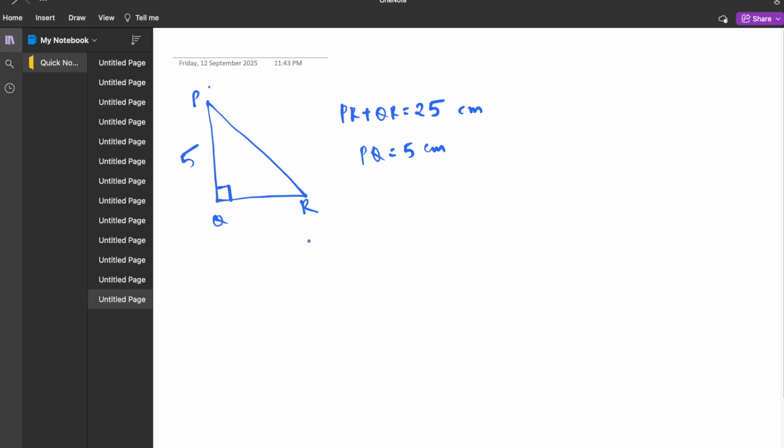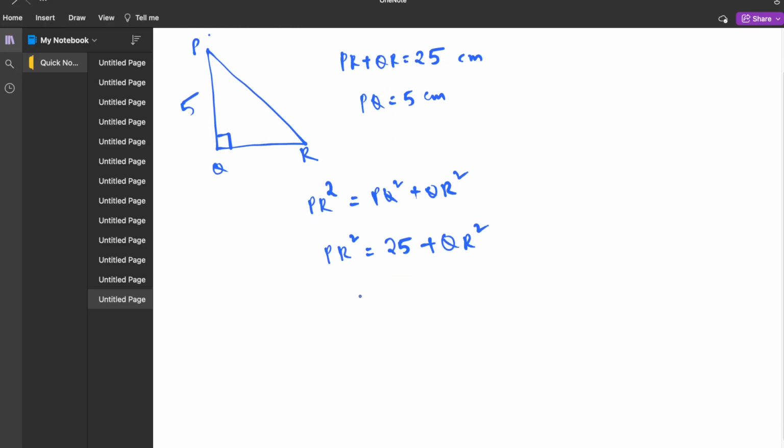We know that the hypotenuse square, that is PR square, is equal to the side square, that is PQ square plus QR square. So PR square is equal to 25 plus QR square. PQ is 5, so I have substituted 5 here, and 5 square is 25. Now let's bring this QR to the left side.